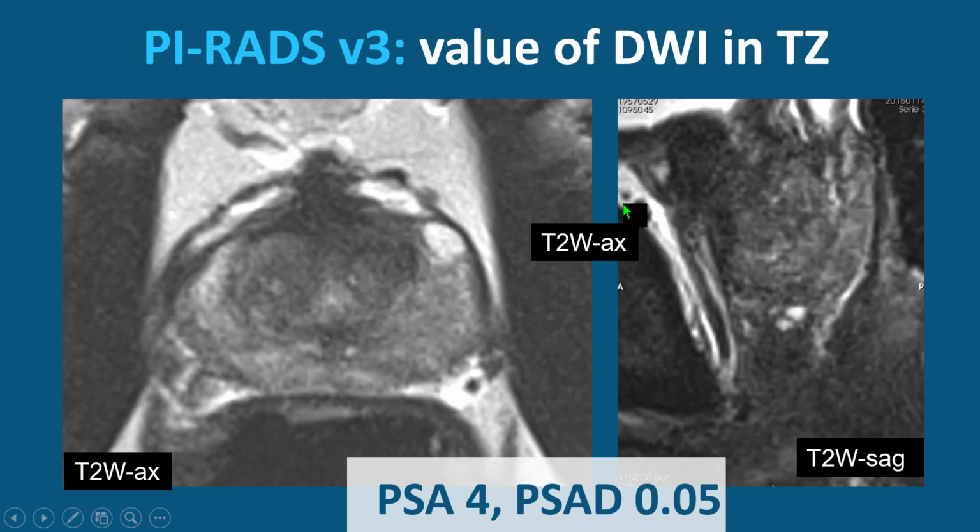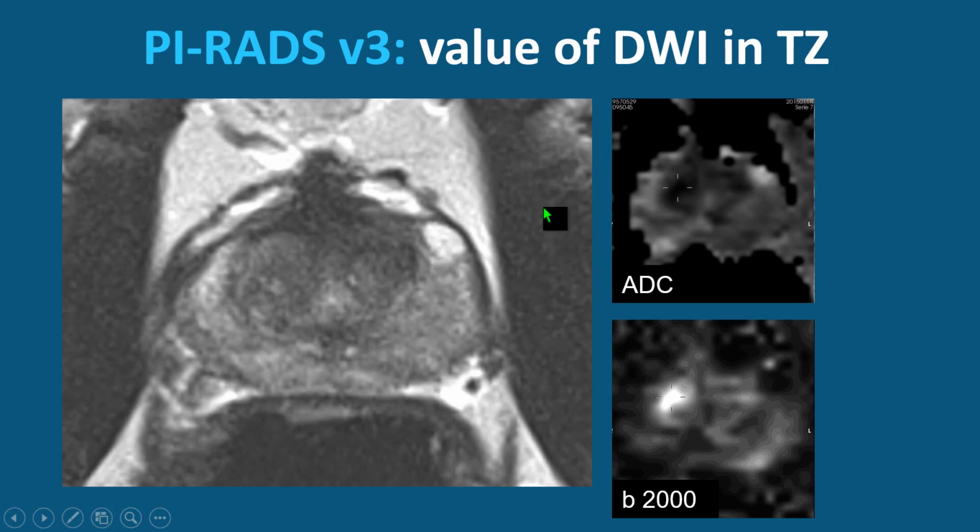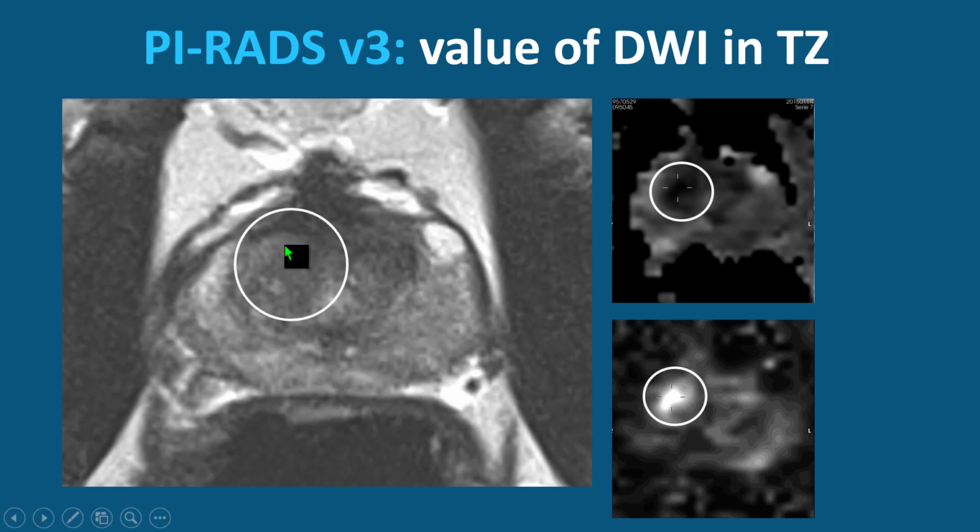I would like to show you the value of diffusion-weighted imaging in the transition zone. When I read this prostate, I would say nothing is wrong. His PSA is 4, PSA density 0.5. But if I look at the ADC, the ADC is 500, it's very bright at the B2000, and then I'm looking at this area and say, hey, isn't this erased charcoal?